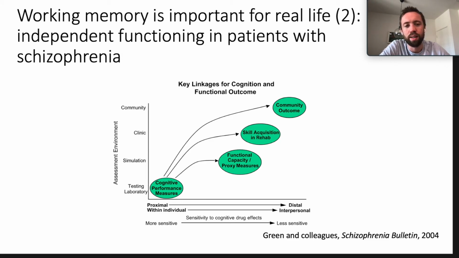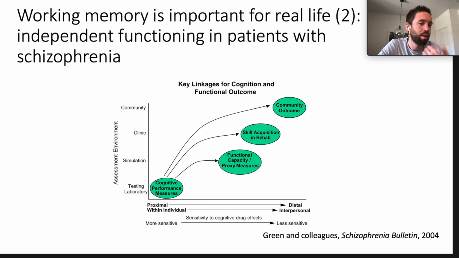And Green and colleagues have shown that when patients with schizophrenia are, for example, released from hospital or let back into the general community after a period of care, it's the cognitive symptoms rather than the other types of symptoms that are most predictive of their functional outcome.